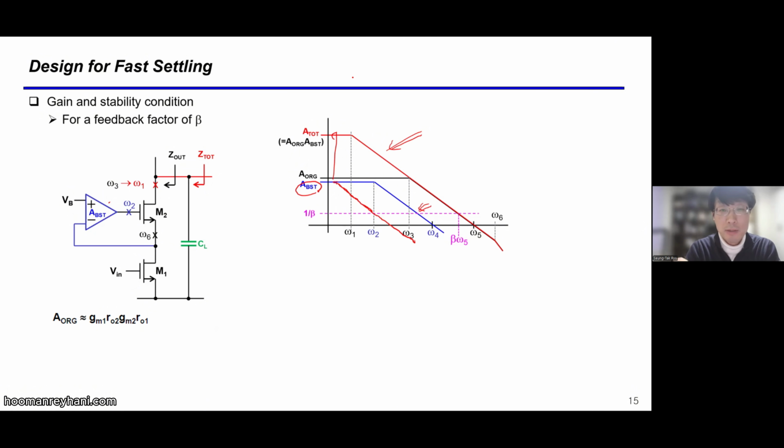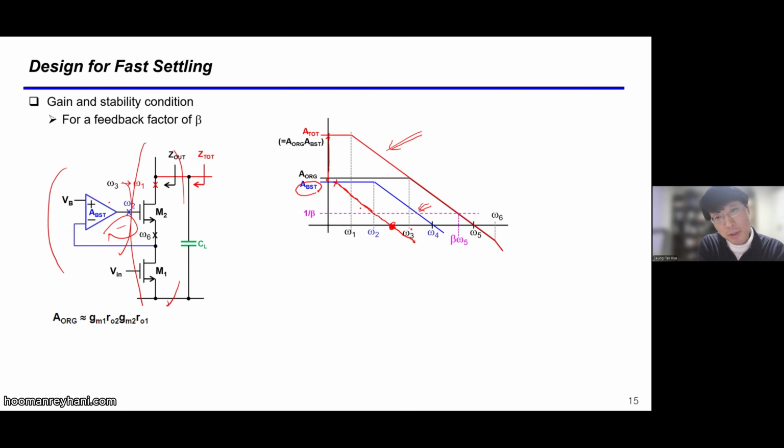We have the same DC gain, but from this point, gain will drop. And then here, when the amplifier gain becomes unity, we have just the cascode because we don't have a boosting effect.